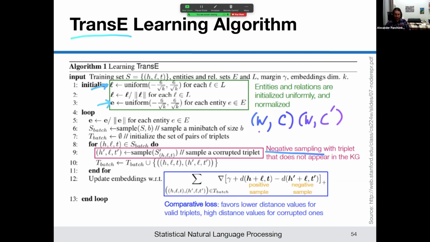In the case of node2vec, we have a graph, a target node, some node which you've seen on the path, and some node which you did not see on this random walk.